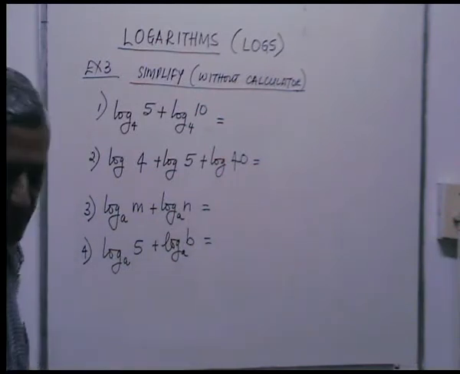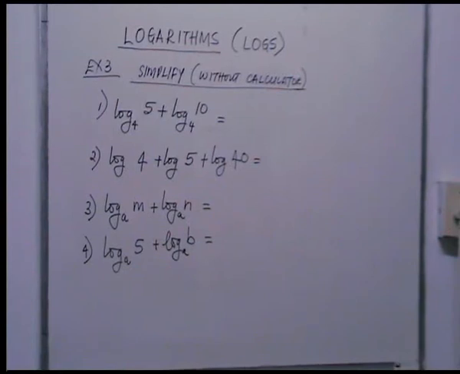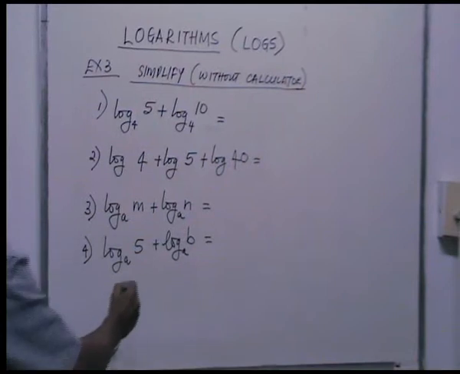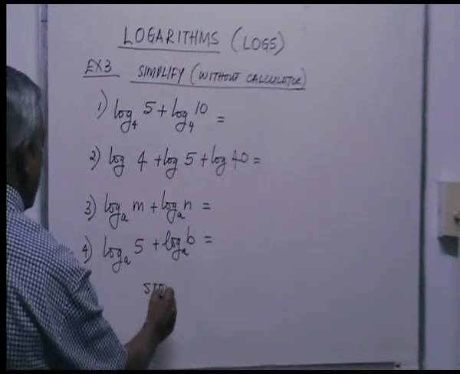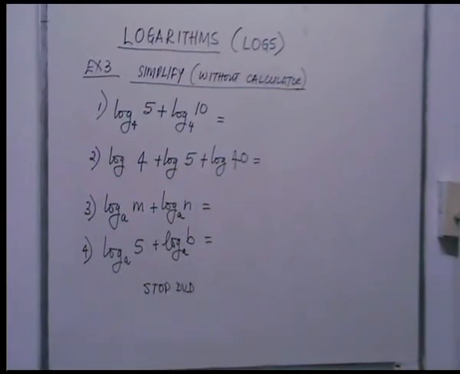Alright, here are 4 simple examples. You just apply law number 1 on them as far as possible and do not use a calculator. Alright, so stop the DVD and take these questions down and thereafter work them out and return to mark your work.